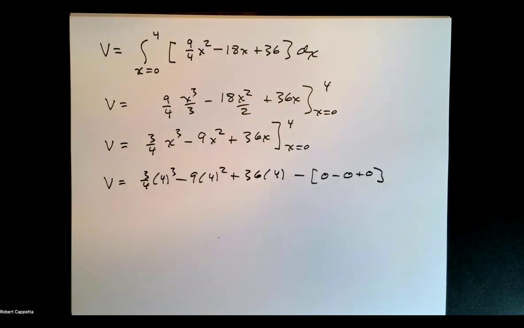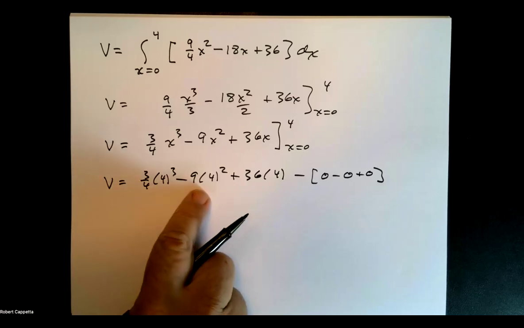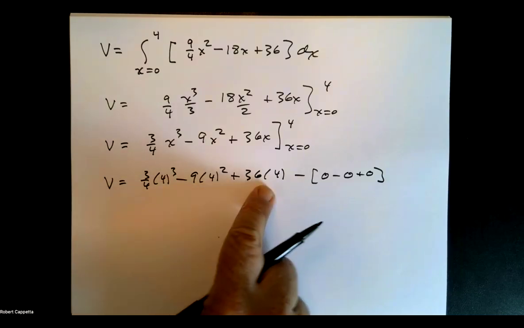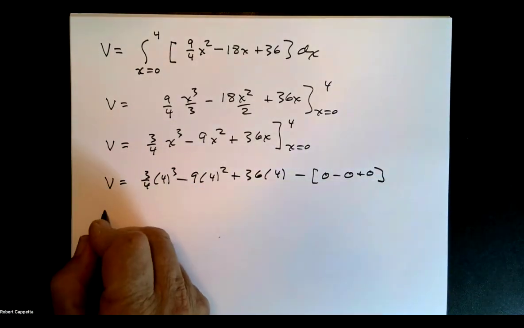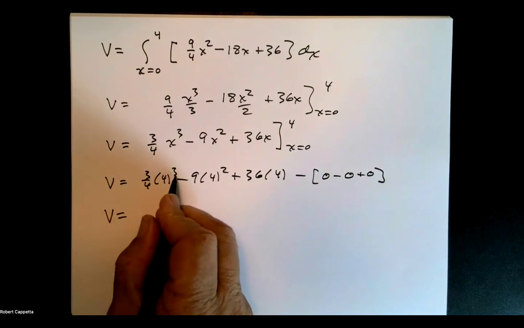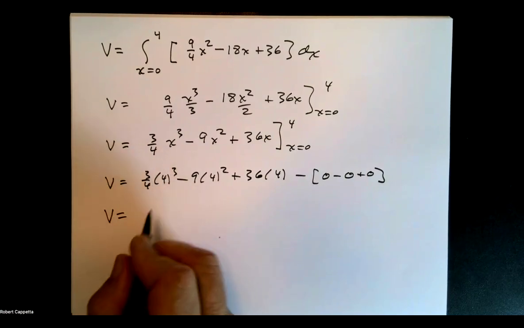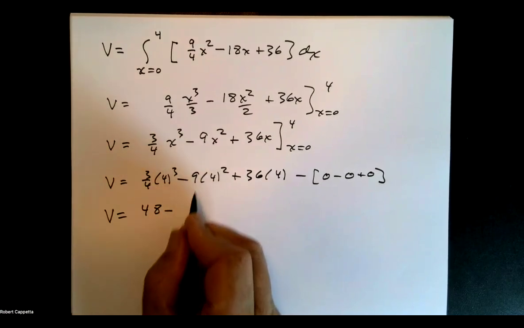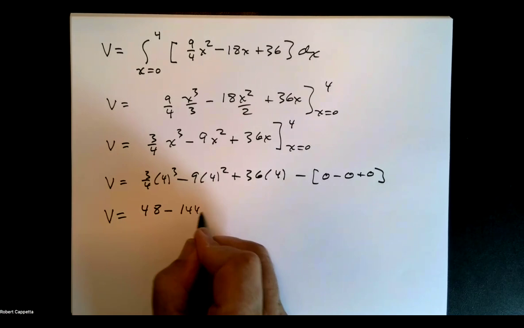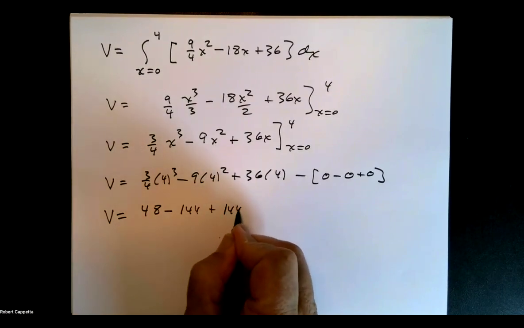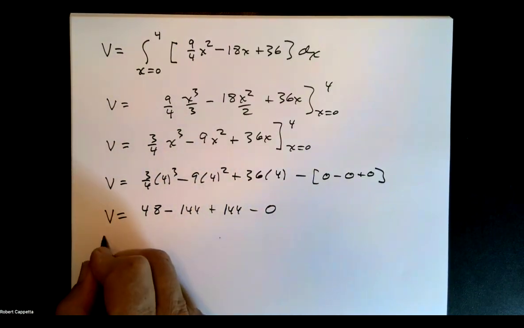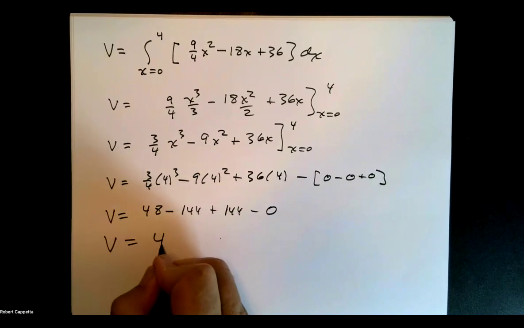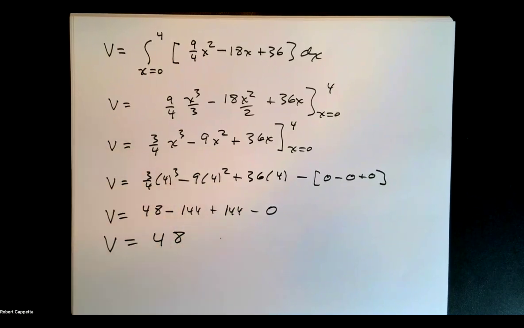Plugging in those 4s, 3/4 times 4 cubed minus 9 times 4 squared plus 36 times 4, minus a bunch of zeros. What will that give me? 4 cubed over 4 is 4 squared, 16 times 3 is 48. 16 times 9 is 144, plus 144, minus 0. So the volume of that tetrahedron is 48.